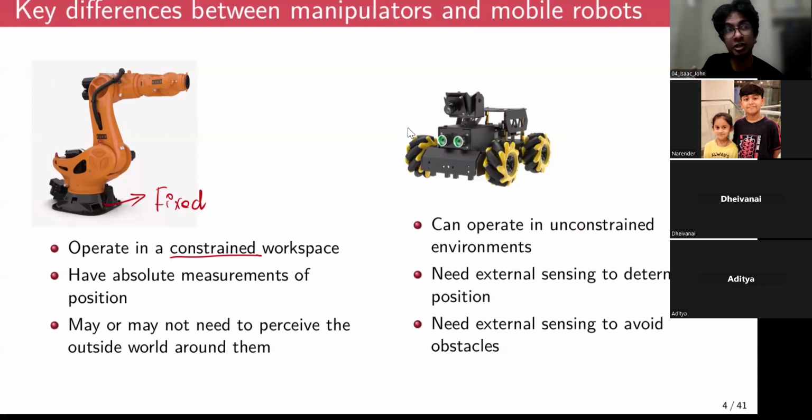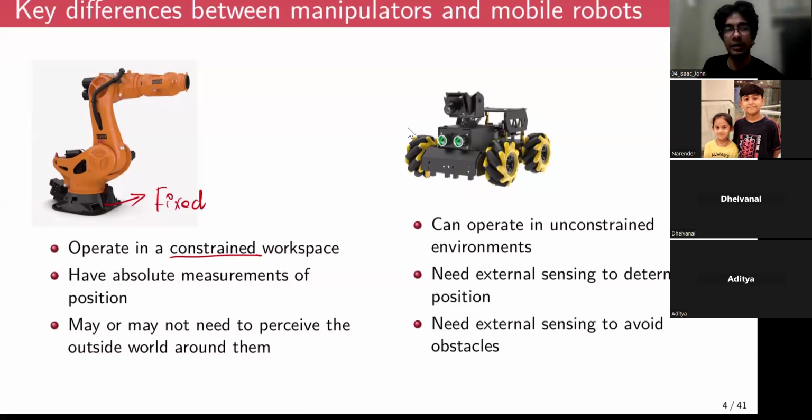Because the motors are coupled with the encoders, depending on how the relative motion between different links occurs, you can basically have absolute position. And that is the second point. For the third point, they may or may not need to perceive the outside world around them. Depending on the situation, it may need to perceive the environment, or in some other cases it may not even need to perceive the outside environment.